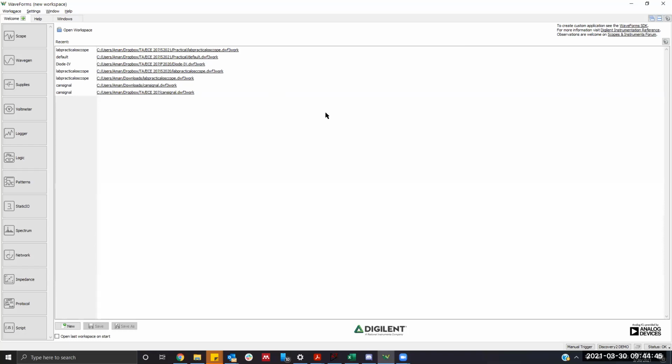So now I'm going to quickly show you where to find the network analyzer and what it looks like. So far you've used the oscilloscope and wavegen. You will still use the wavegen to set up your input signals. But when it comes time to measuring and plotting the frequency response, instead of going to oscilloscope, you will go down here to network analyzer.